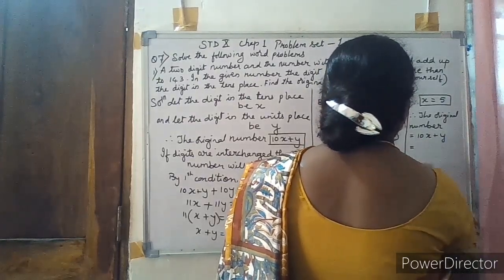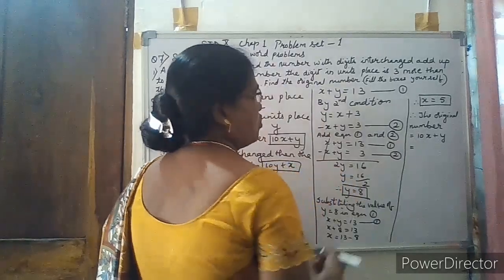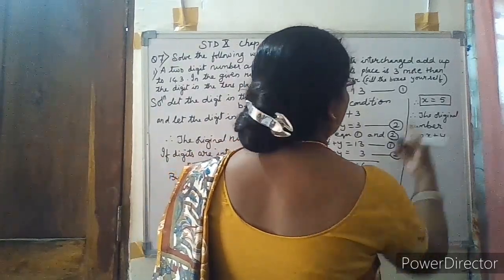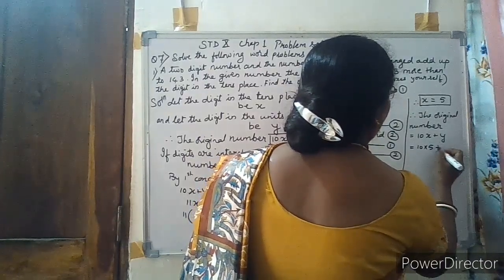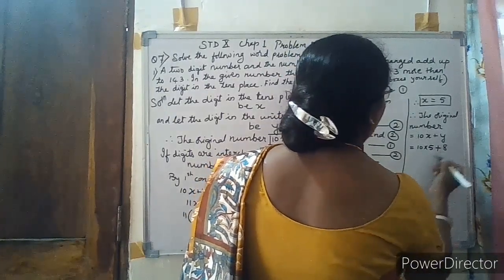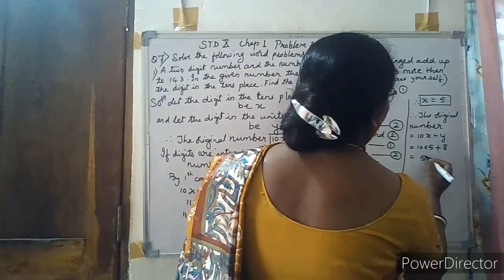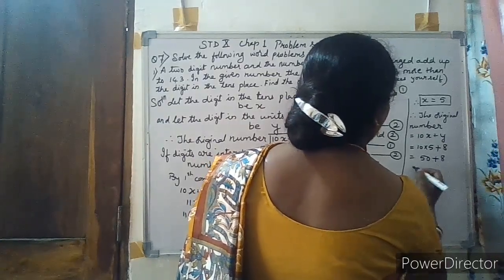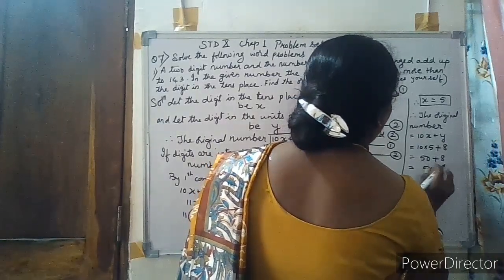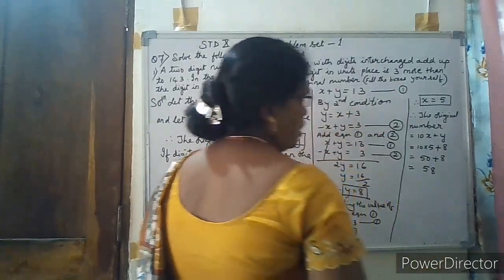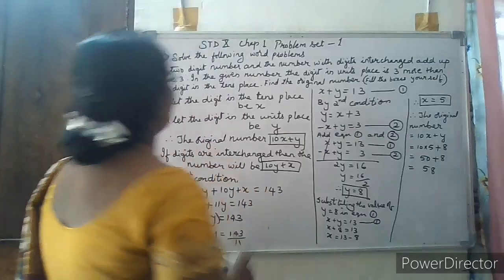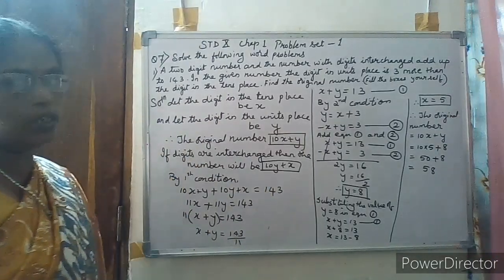Now, put the values of x and y and find out the original number. x is equal to 5. So, 10 into 5 plus y equal to 8. So, it is 50 plus 8, that is equal to 58. This is the original number. So, in this way we got the 2-digit number.